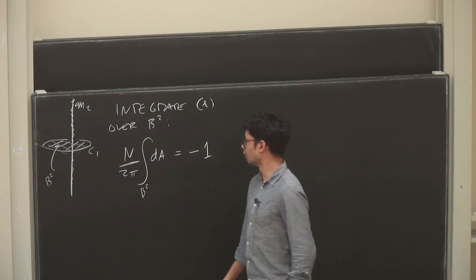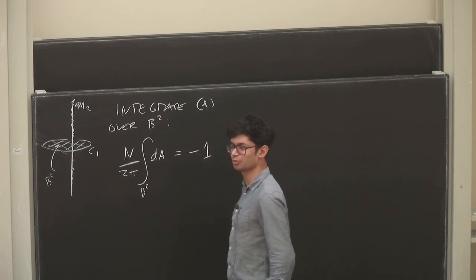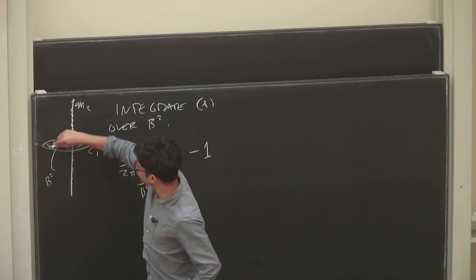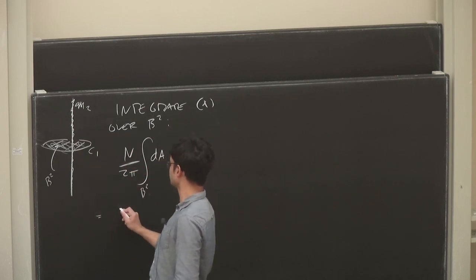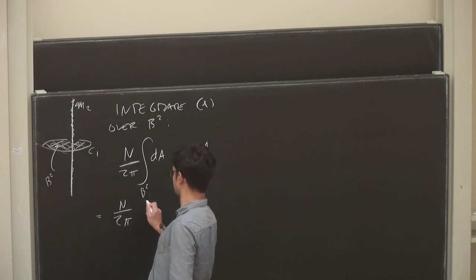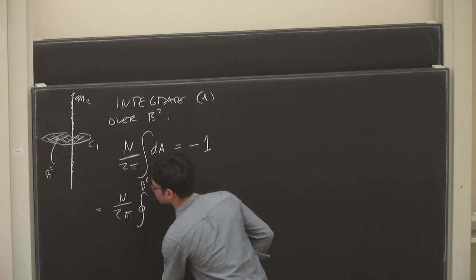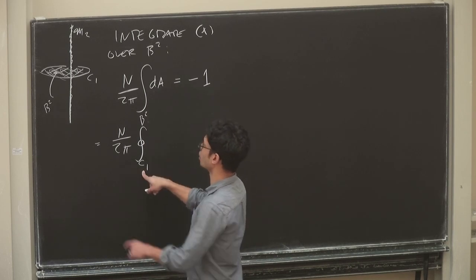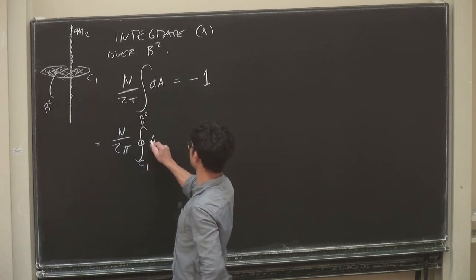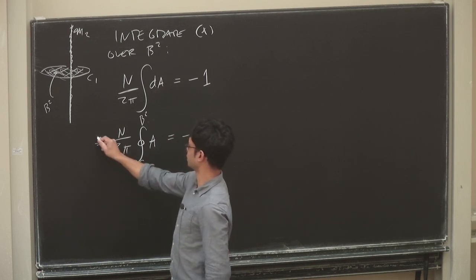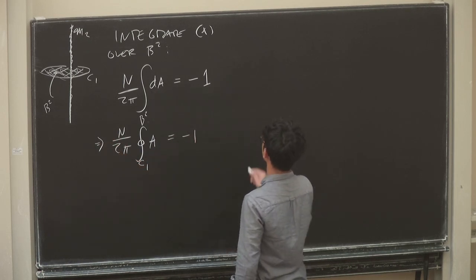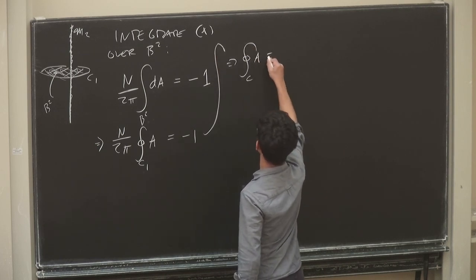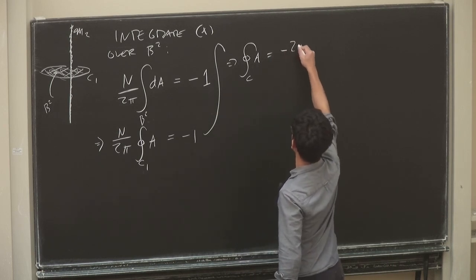I wish I'd chosen the other sign convention because it would be nicer if this was plus 1, but this is life. And now, the integral over B2 of dA equals the integral over the boundary of B2, which is C1, of A, equals minus 1. Which implies that the integral over C1 of A equals minus 2 pi over n.